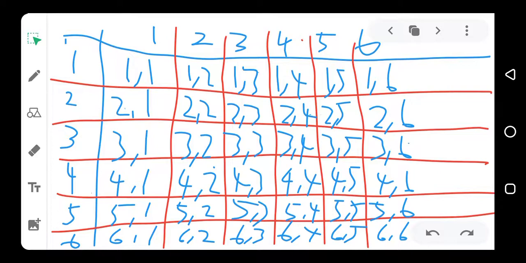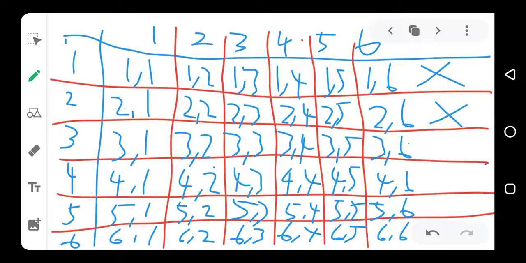Now here, which ones when we join them will give us a number that is greater than 9? In the first row, the highest one is 1 plus 6, and that is not greater than 9. In the second row, the highest one is 2 plus 6, which is 8, so there's nothing here.